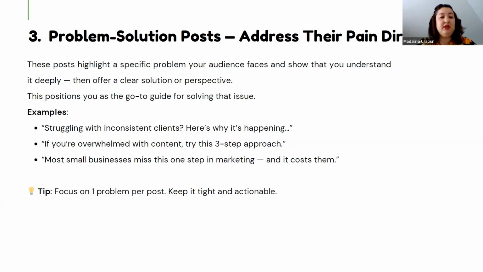As examples: struggling with inconsistent clients, here's why it's happening. If you are overwhelmed with content, try this three-step approach. Most small businesses miss this one step in marketing and it costs them. Focus on one problem per post, keep it tight and actionable.